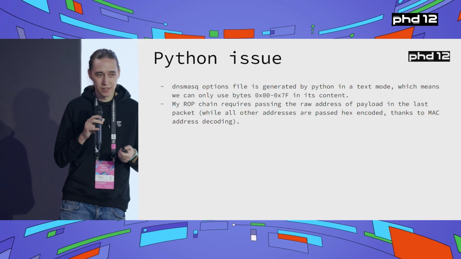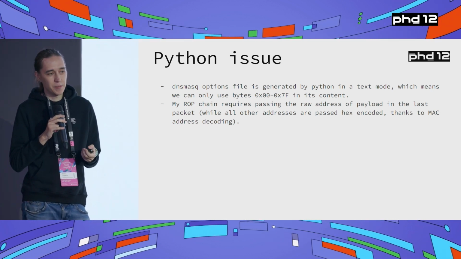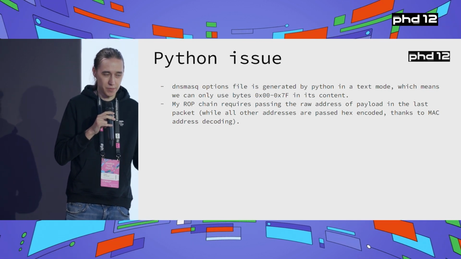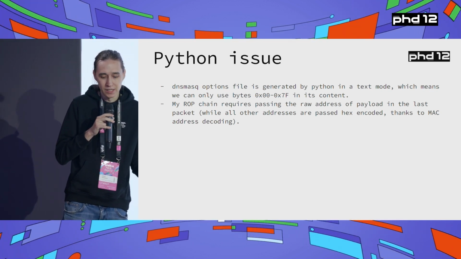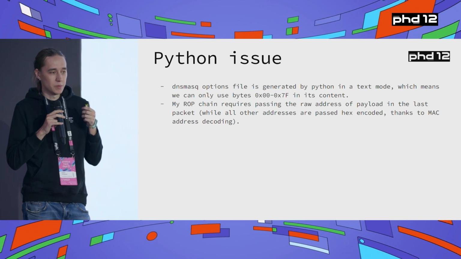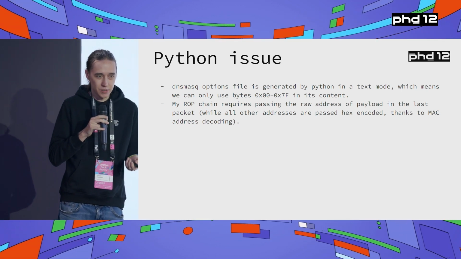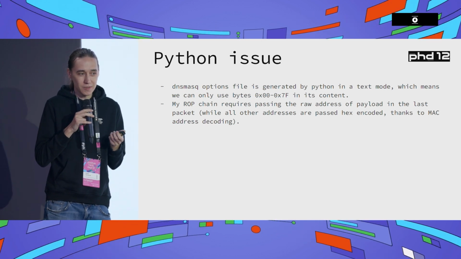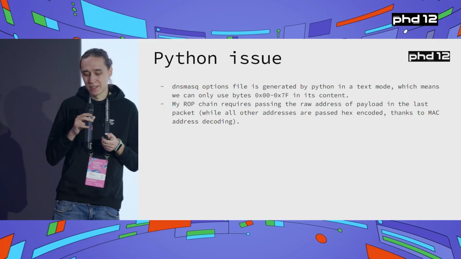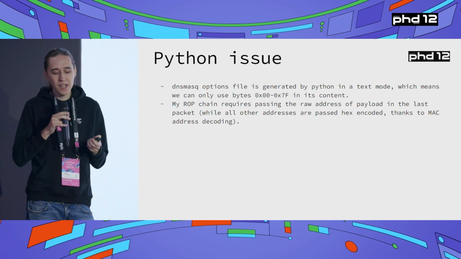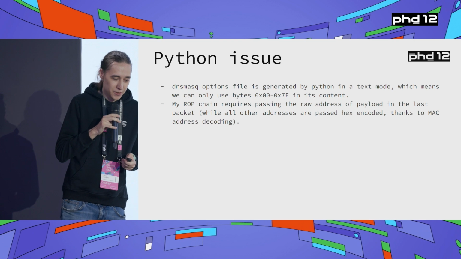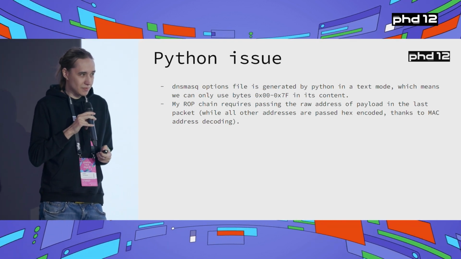And my ROP chain, and pretty much any ROP chain you can think of, will need pointers to a function that we want to call, some system function for example, and to the payload, the command we want to call. It's not that easy to have pointers falling into that range.